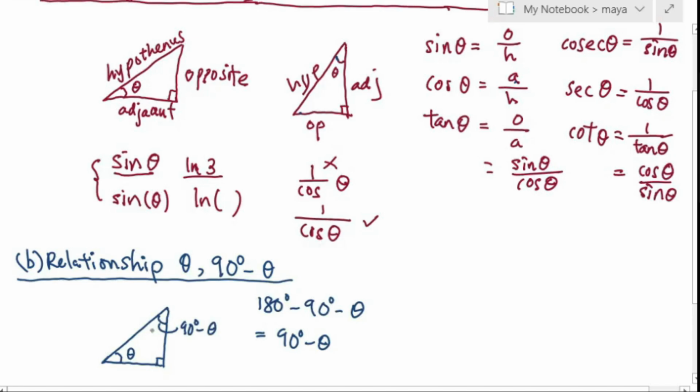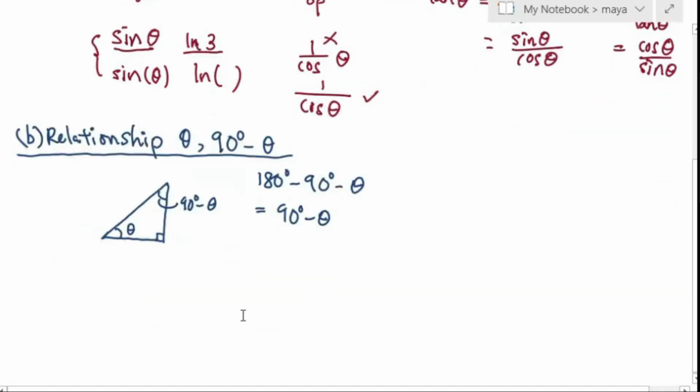Now I want to see the relationship between theta and 90 minus theta. The first one, if I'm doing sine for 90 minus theta, sine you need the side of opposite over hypotenuse here, so 1 over 2.